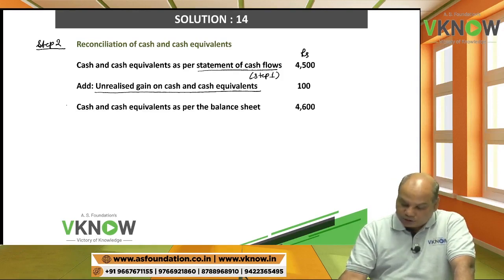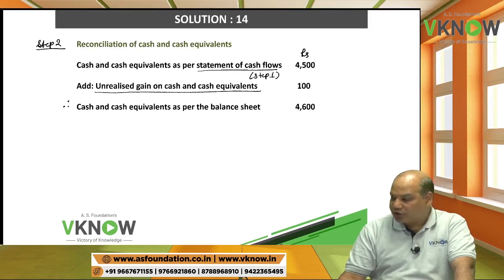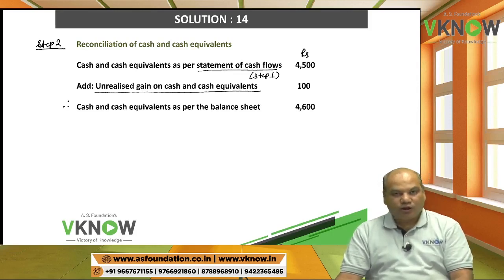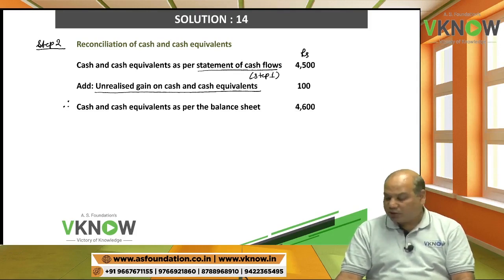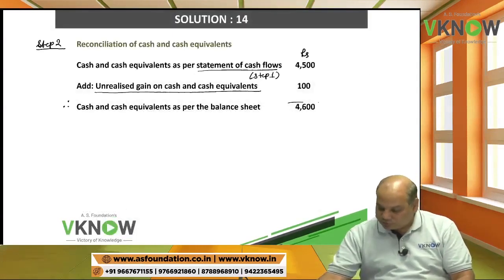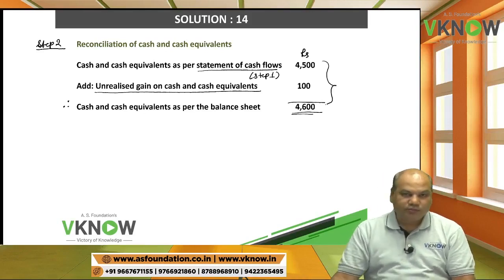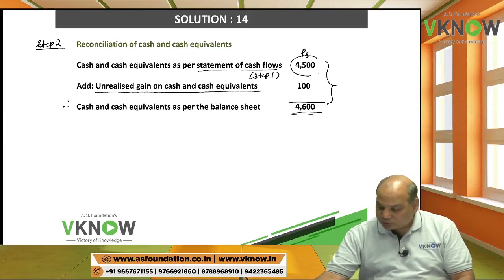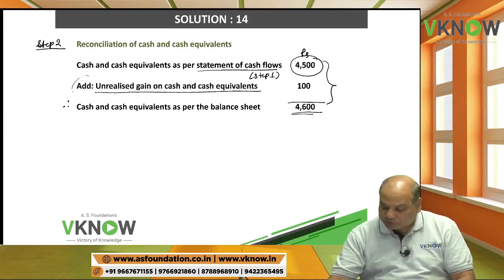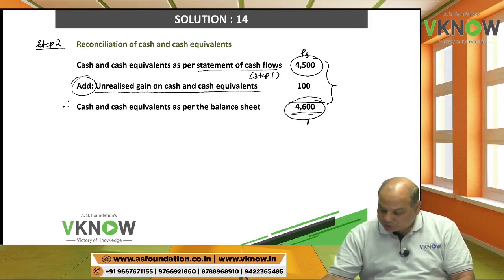Therefore cash and cash equivalent as per balance sheet is 4,600. This is called reconciliation. You will take cash flow statement figure plus minus unrealized gain or loss, and this is balance sheet. This amount will reflect in the balance sheet of the company.